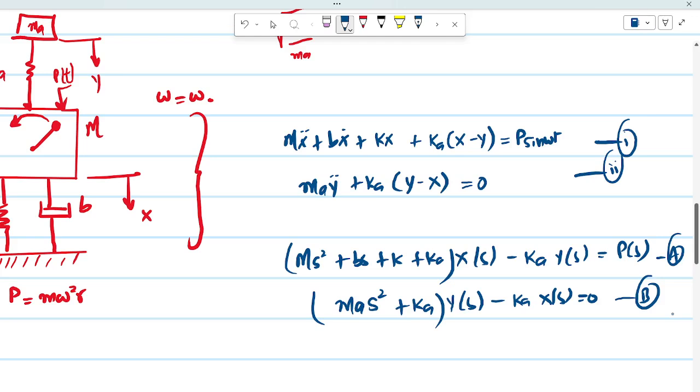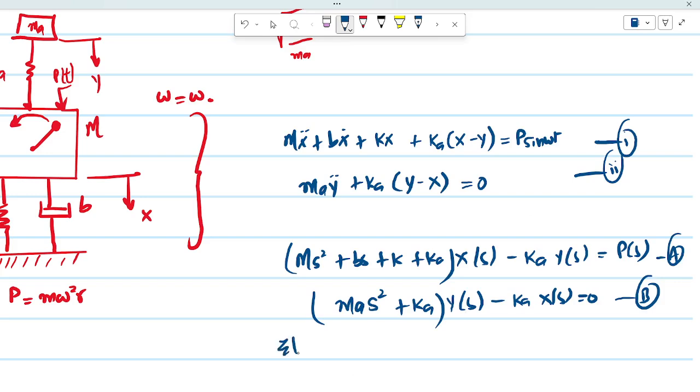So from equation a, we can substitute y of s into this one and simplify, because we want a transfer function that is the output over input, and we have input as p of s and output of the system, the actual system we have, is x of s. So we can take the value of y of s from this equation and substitute in this one. You can do the maths for yourself.